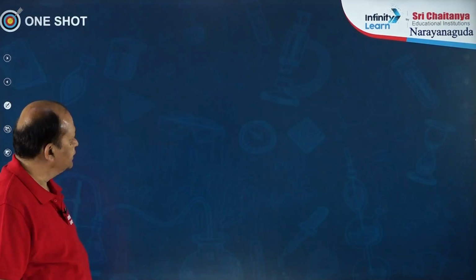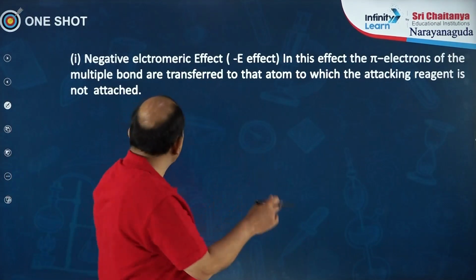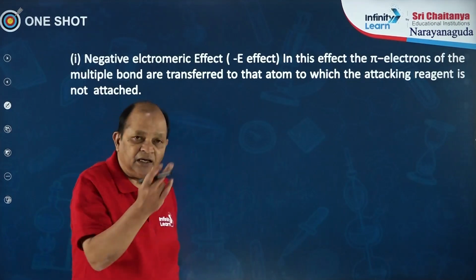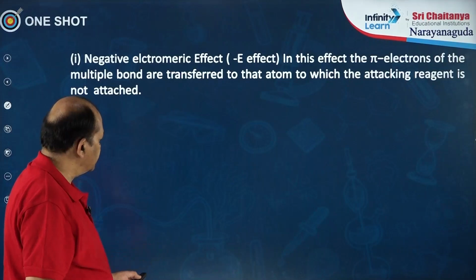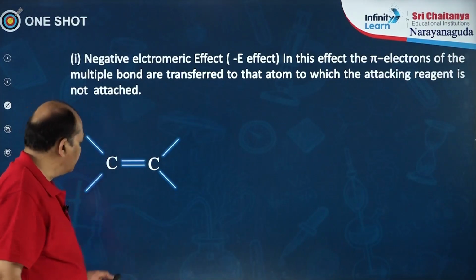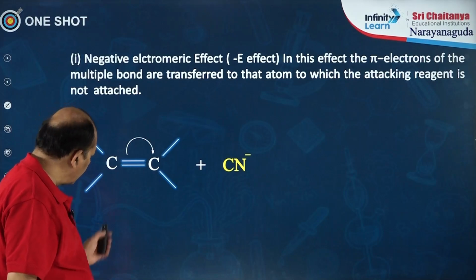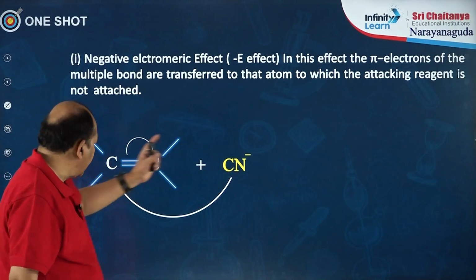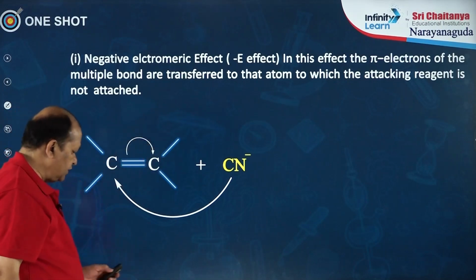There is one more effect, that is the minus E effect. In this effect, pi electrons of the multiple bond are transferred to that atom which is not bonded to the attacking reagent. You can see this is a compound containing multiple bonds, this is the attacking reagent, and there is polarization. Now, the attacking reagent will attack or bond to the other carbon where the electrons are not polarized.